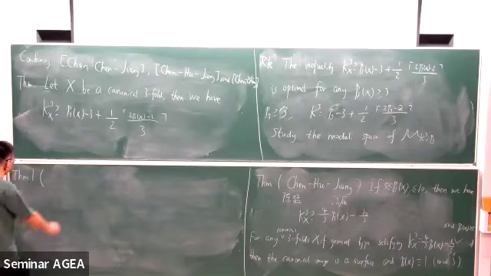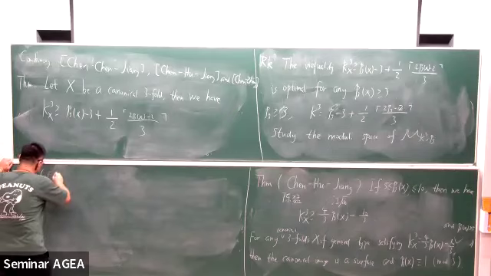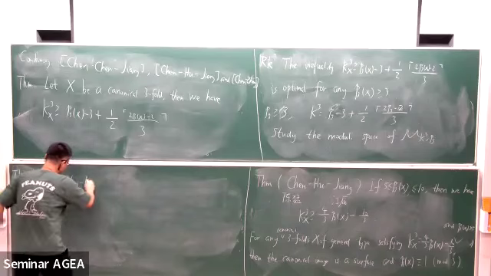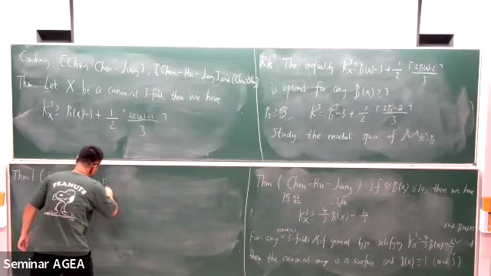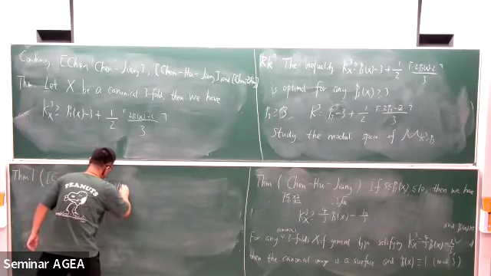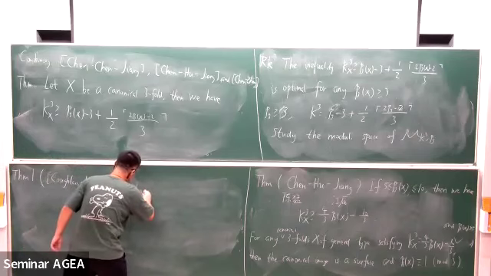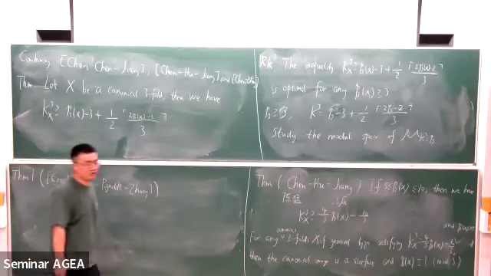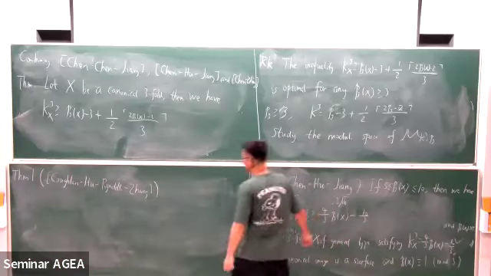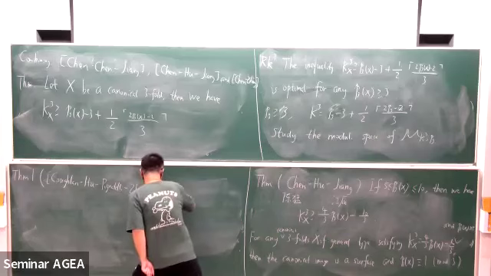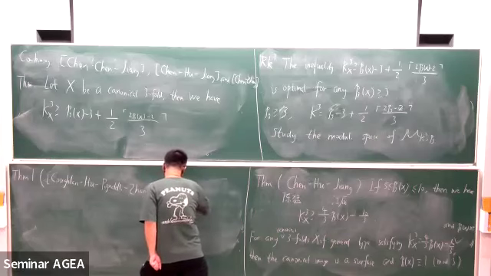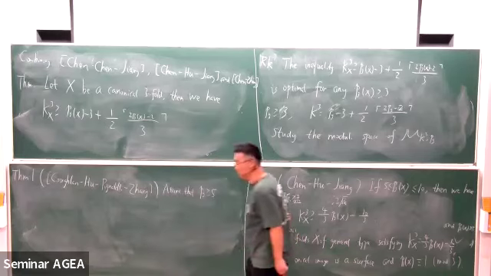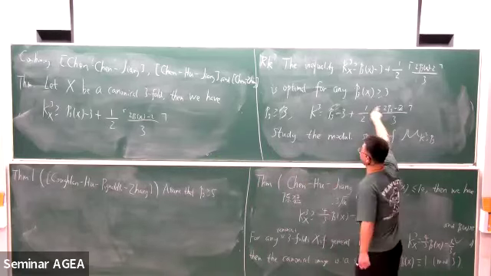Our first theorem studies the moduli space for threefolds on this Noether line, where we assume that Pg is larger than or equal to 5 and K cubed is this number.